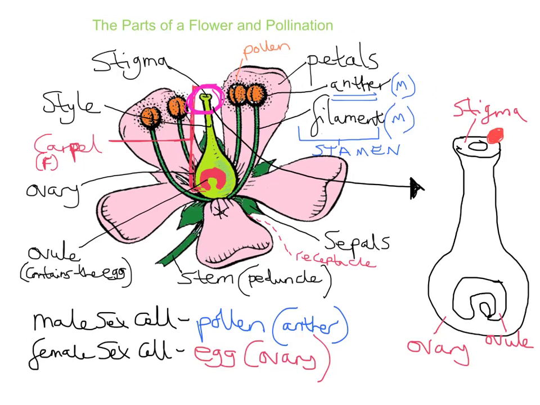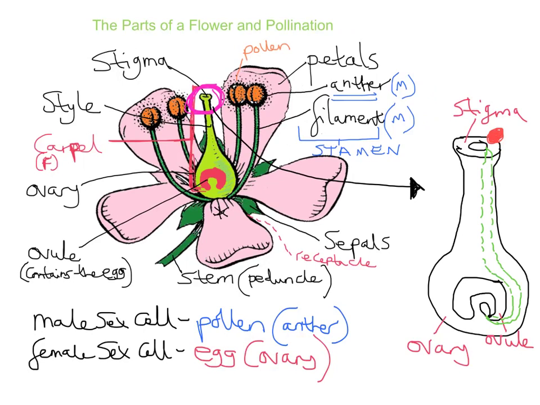Now from that pollen, a tube forms down the style through the ovary towards the egg in the ovule. So a pollen tube forms down the style to the egg in the ovary.